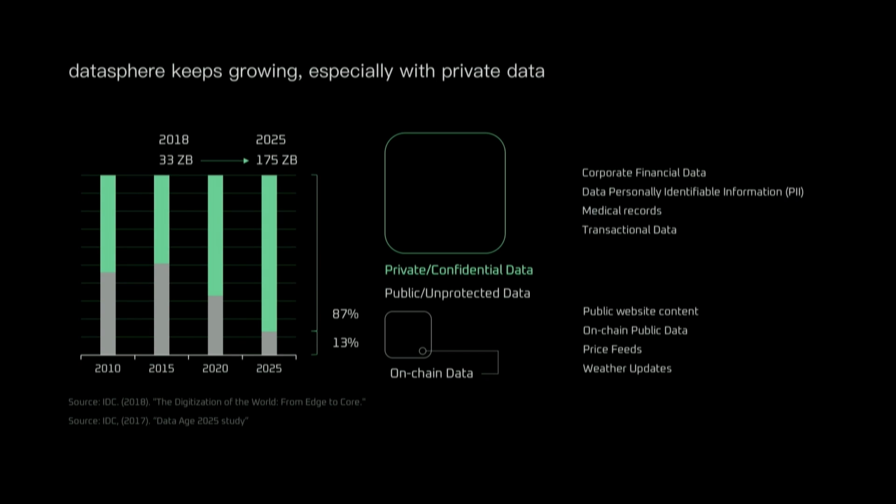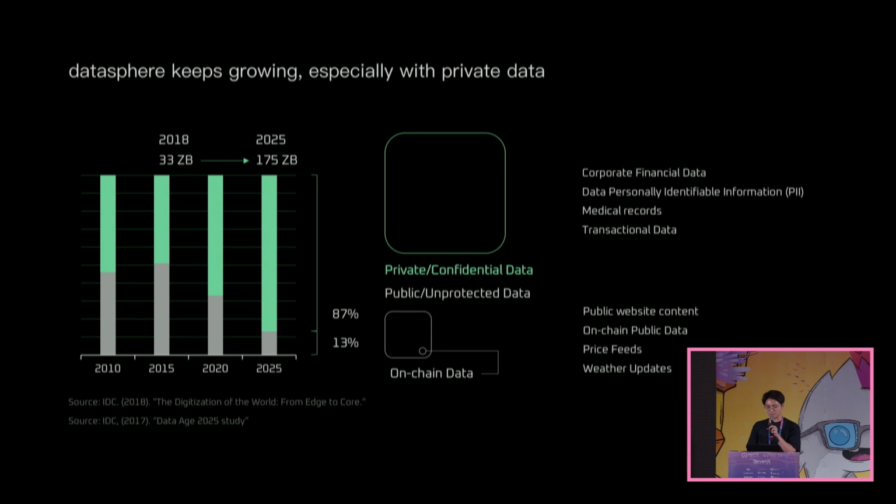Yeah. So you might be wondering, why are we focused on private data? Let's look at a report from 2018. You can see the overall data sphere is increasing, and the percentage of private data is increasing. The reason for this is pretty obvious, as private data is mostly customer data.